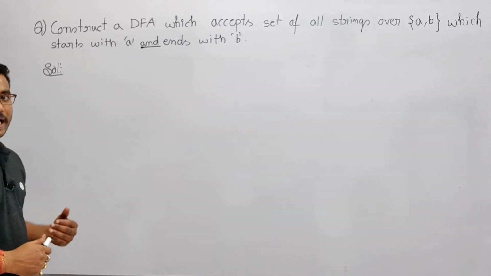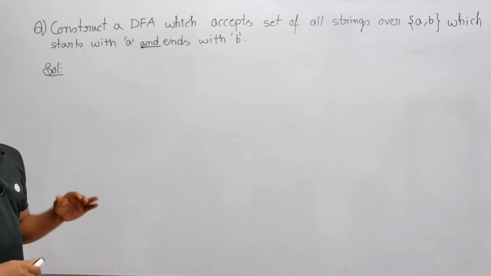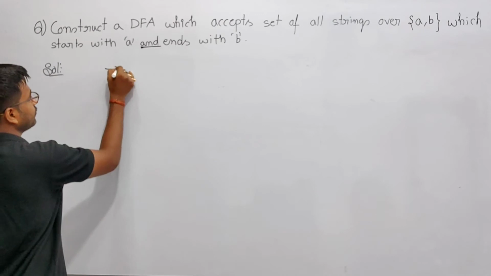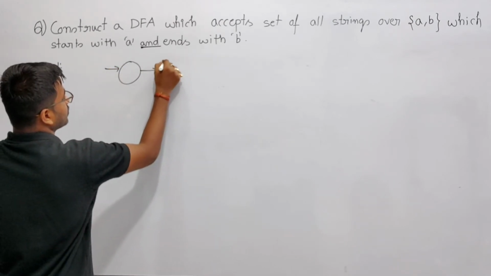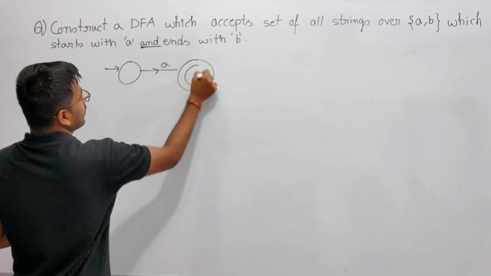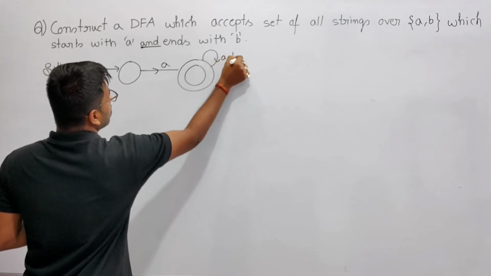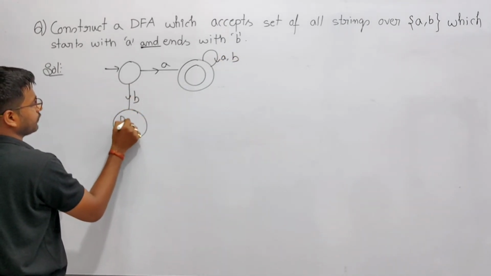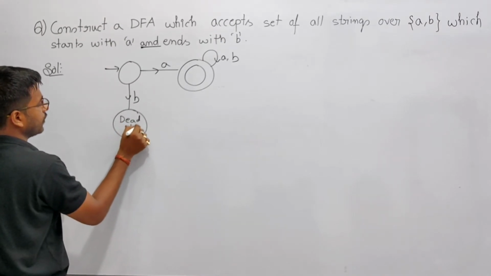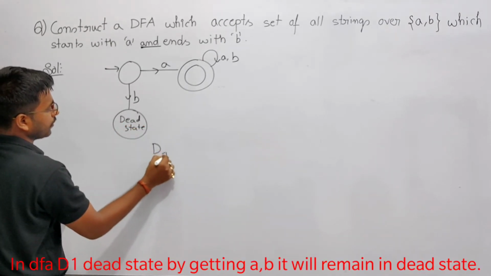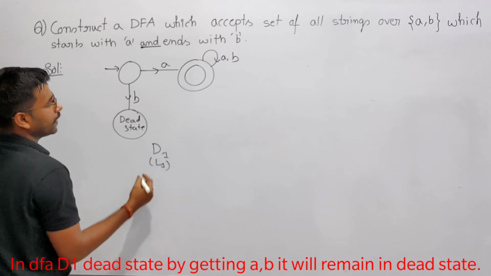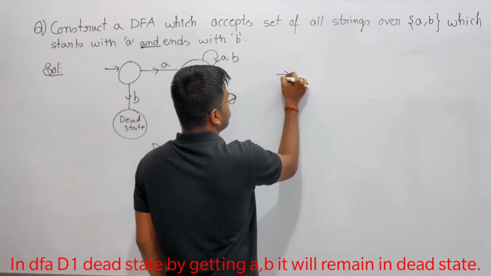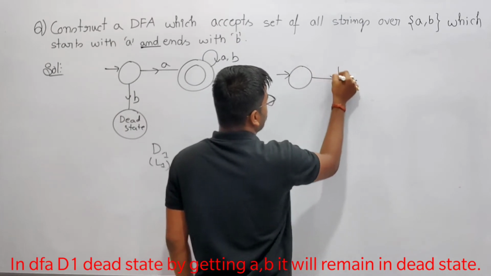For L1 I will construct D1, and for L2 I will construct D2. L1 is the set of all strings that start with a. If it gets a, accepted. After that any combination of a, b. If it gets b at the start, rejected, dead state. So this is your D1 for language L1. Then L2 ends with b: getting b, accepted.